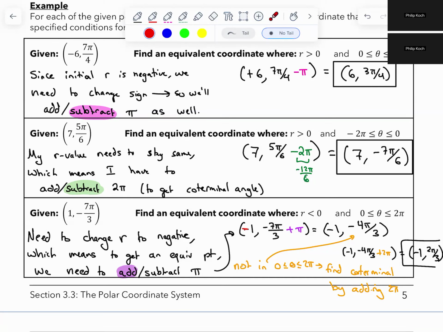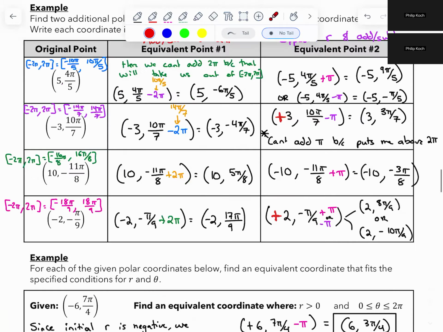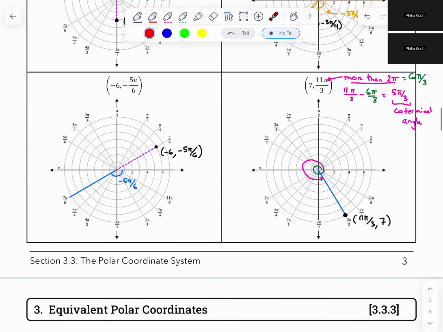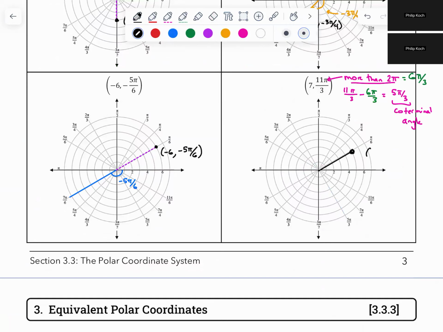No, because it's a great question. So let me grab one of these points for a quick second. Let's just say here's my R theta, right here. If I add 2 pi, it would go all the way around and then to there, right?